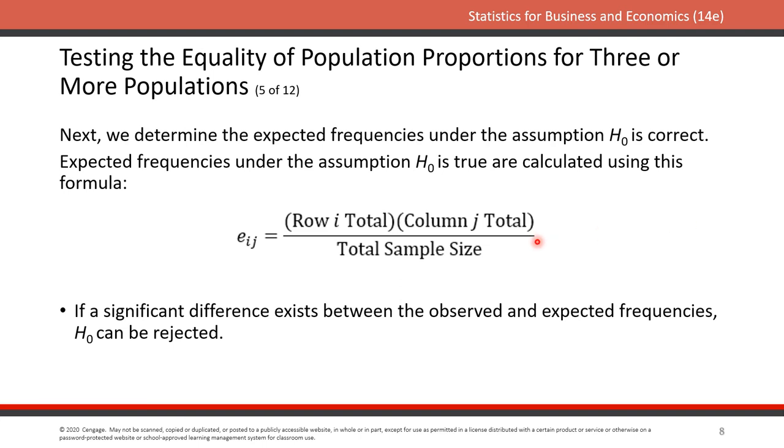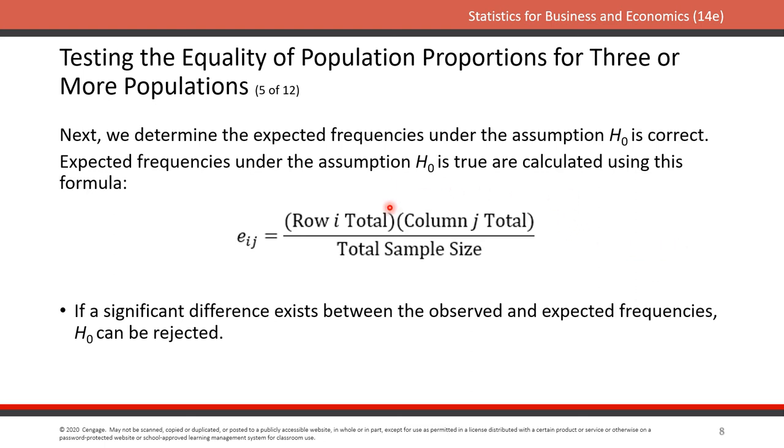Now, the equation that we're going to use as part of this calculation is this: row total times the column total over the sample size. So this calculates not the error. We talked about E as error previously. This calculates the expected value of what the count would be in that cell. So what we're going to do is assume that each of the rows are equally likely inside each of the columns.